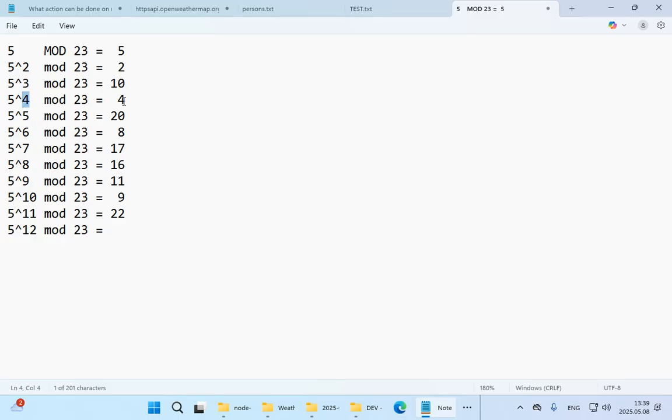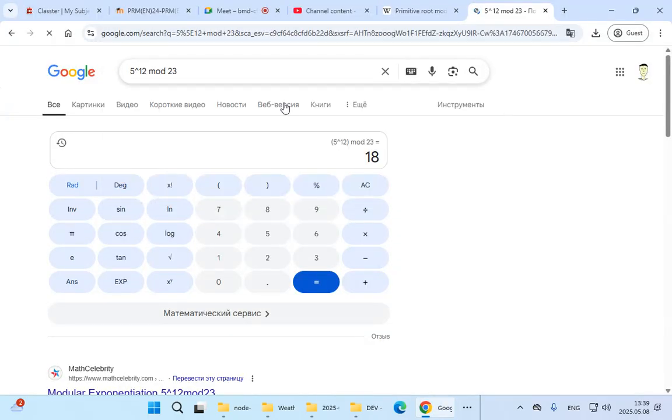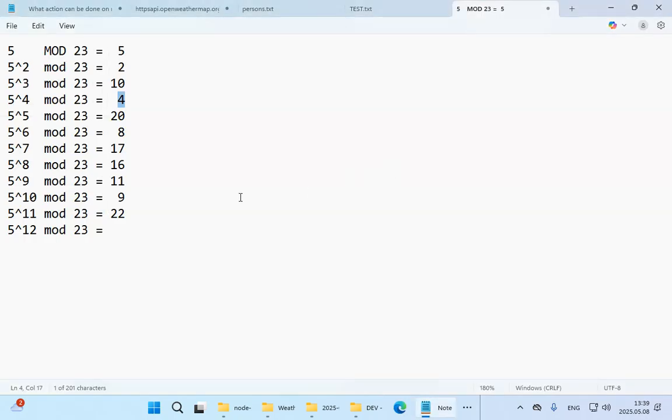Because it is 3 times this, I think it's 18. Maybe 18? Let's check 5 to the power of 12. 18? Yes, you are right, because 5 to the power of 10 and 5 to the power of 2 is like the least number. So yes, you are absolutely right. 18.